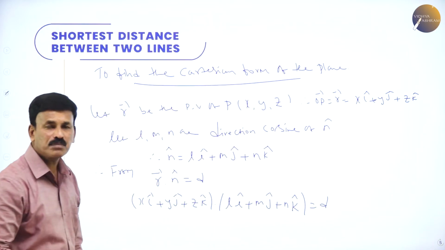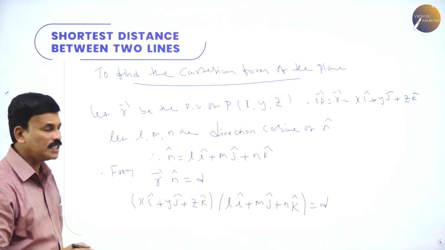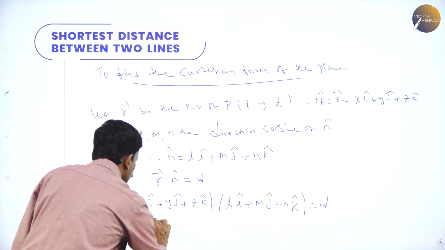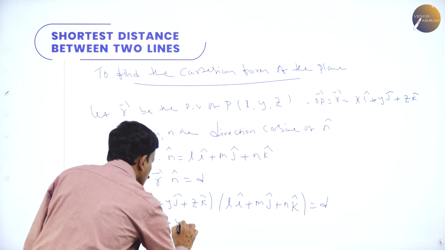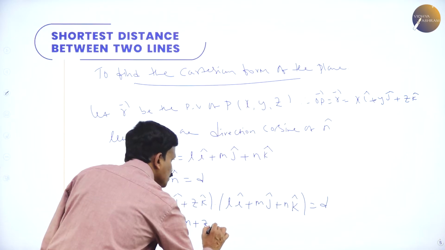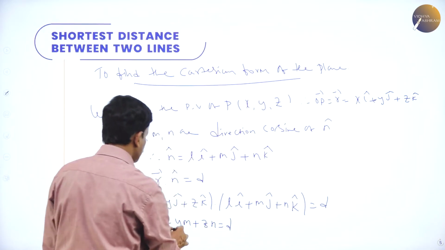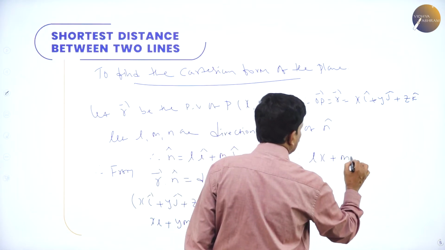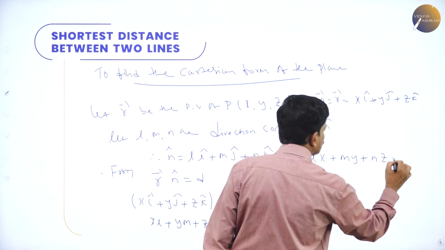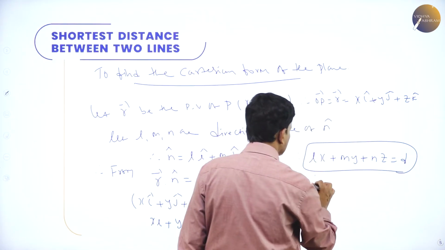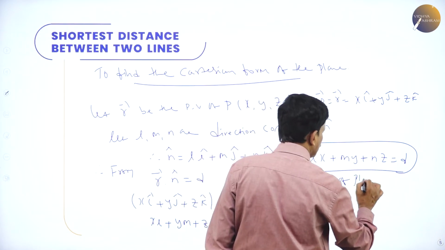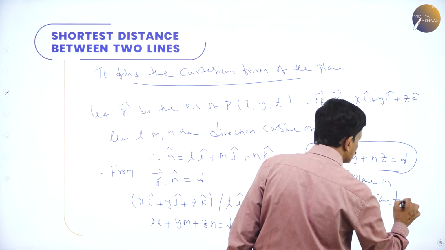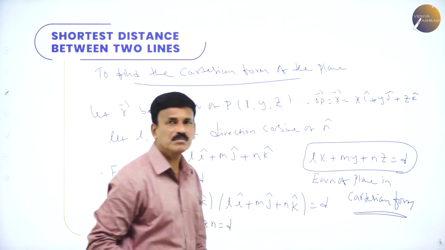Since the dot product is nothing but multiplying the coefficients of i, j and k, we get x into l plus y into m plus z into n is equal to d. Therefore, lx plus my plus nz is equal to d, which is the equation of the plane in Cartesian form.